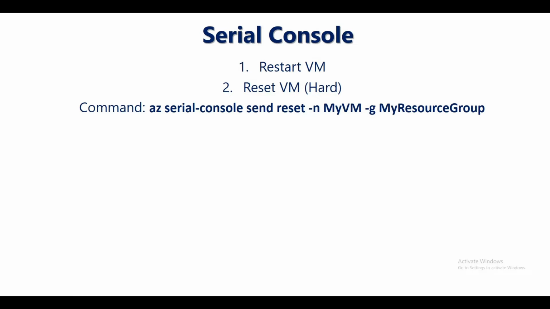Whenever you face a problem with downtime or any application-related issue, if restart VM is not going to solve the issue, or if you have already restarted the VM through option 1 and it didn't resolve the issue, then you can reset VM. This is a hard reboot, and you can use this option.